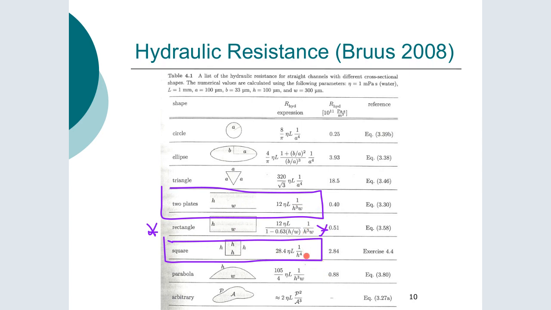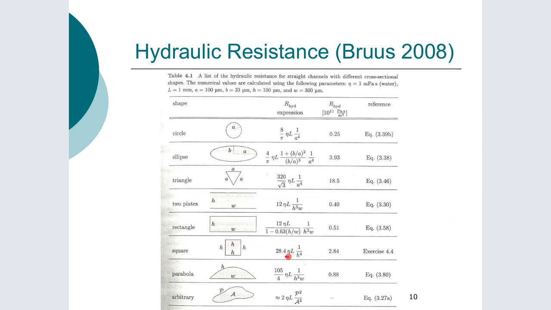So the terms hydraulic resistance, hydrodynamic resistance, and flow resistance are used. If we have an arbitrary shape, you can use this kind of approach where it's 2 mu L E squared over A cubed, so perimeter squared and area cubed. Now, one thing to notice in all these expressions is that we only have viscosity.